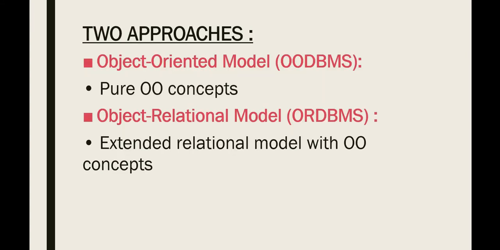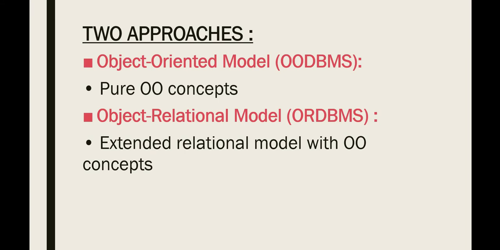There are two approaches in this chapter, that is object-oriented model, which we'll be doing later, and which is also being incorporated by the ODMG standard, that is the Object Database Management Group, and it is totally based on pure object-oriented concepts.